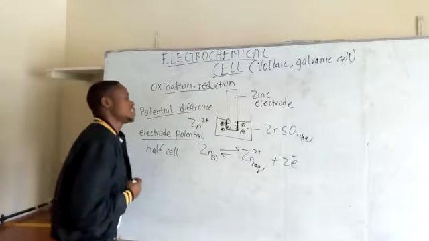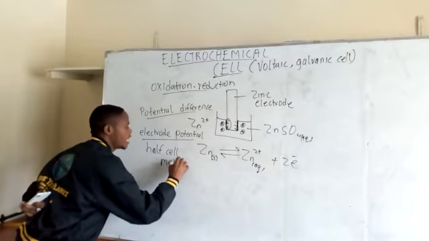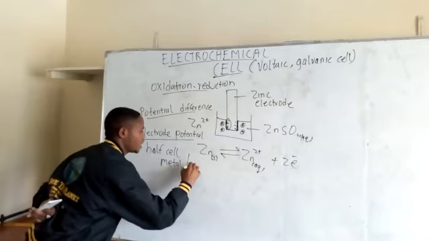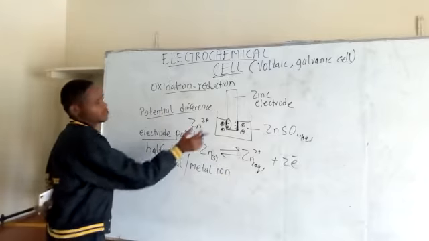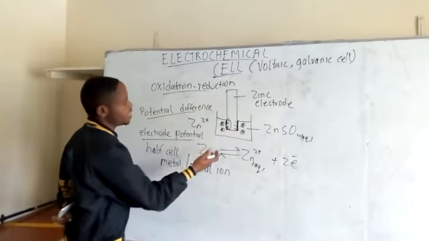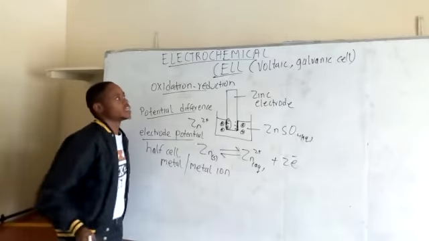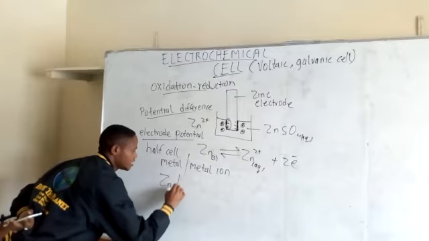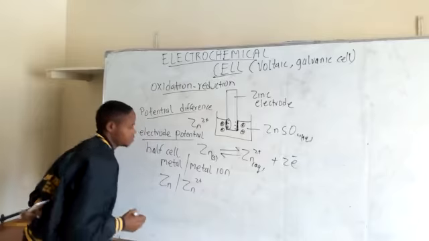A half cell is represented by, on one side, the metal, which is separated by a stroke, then the metal ion. So specifically for our example here, if I want to represent a half cell for zinc, I'm going to have zinc stroke, then the zinc ion.